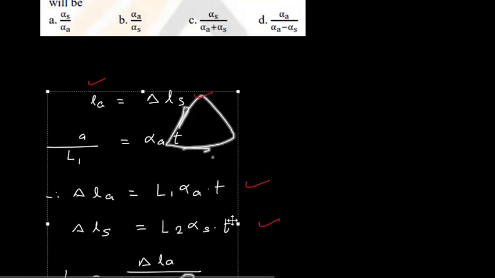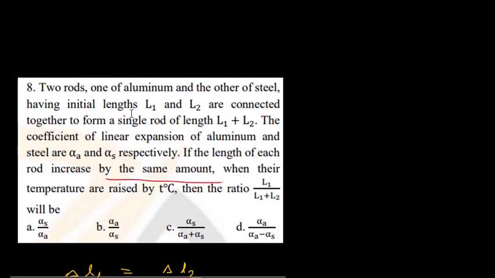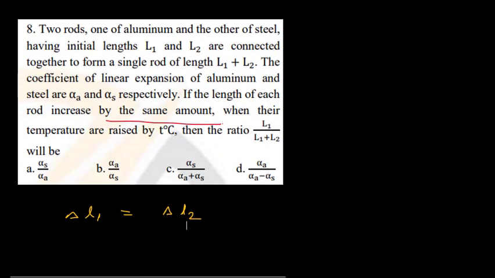Let us solve it ourselves. In this problem, delta L1 is equal to delta L2. L1 and L2 are lengths: L1 is the length of aluminum and L2 is the length of steel. We have to find L1 upon L1 plus L2. So delta L1 is equal to delta L2, as given.